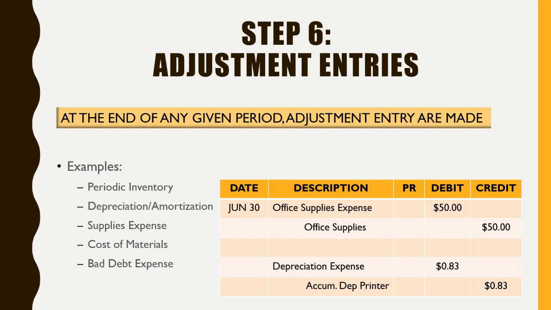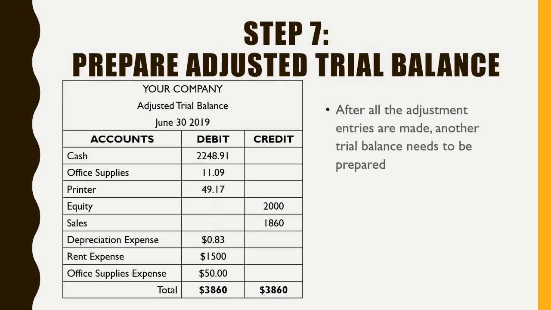Okay? So once we complete our adjustment entries, we journalized it, we have to make our adjustments and post it back into our ledger. Then we need to complete an adjusted trial balance. So this is after the adjustments. Once we can confirm that our debits and our credits match with the adjustments. As you can see here, I've added a couple accounts.